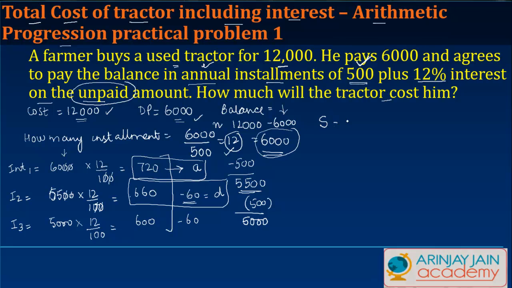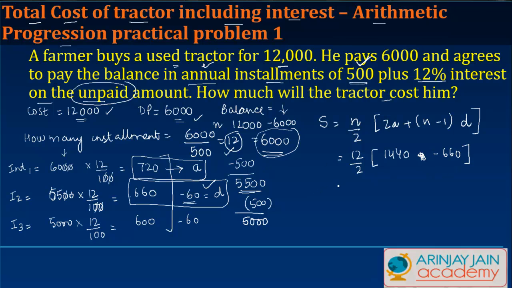Sum is equal to N by 2 into 2A plus N minus 1 times D. My N is 12, divided by 2. 2A, how much is A? A is 720, so 720 into 2 gives me 1440, plus N minus 1. N is 12, minus 1 gives you 11. 11 times D, how much is D? D is minus 60, so this will be minus 660.